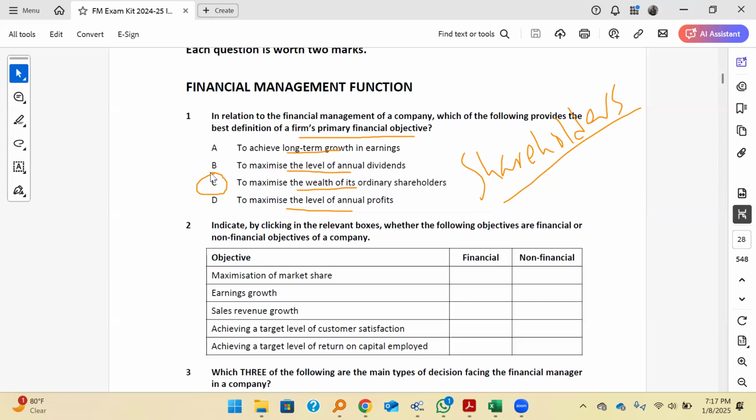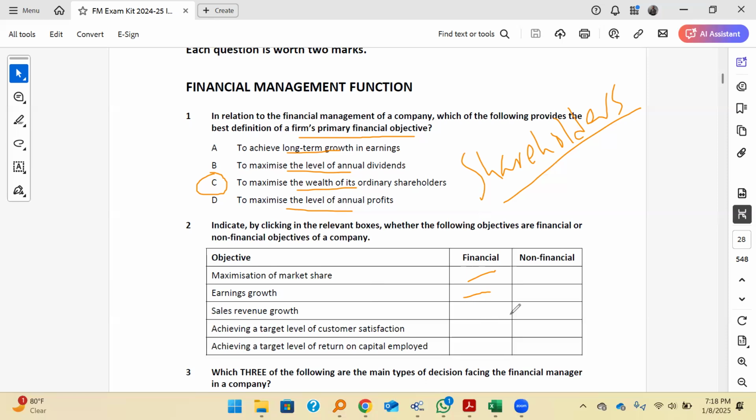Now, if you start looking at the first statement, maximization of market share, that is of course a financial objective. Earnings growth is financial. Ideally, you are looking at objectives that have to do with the money aspect.